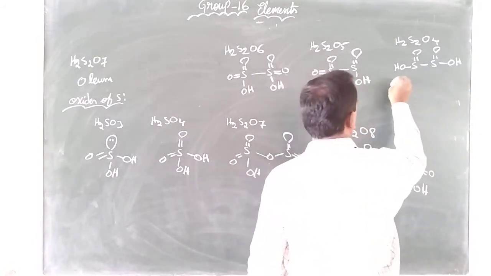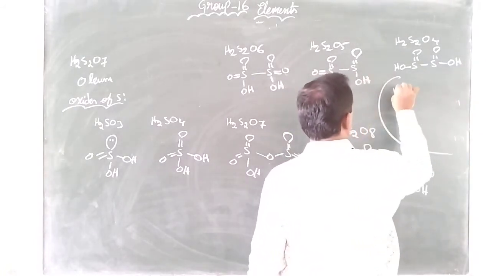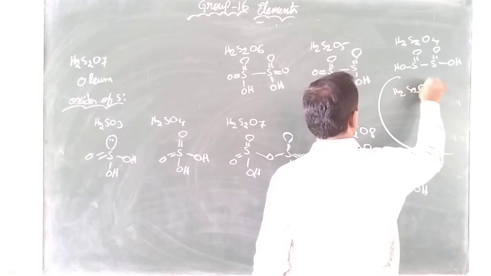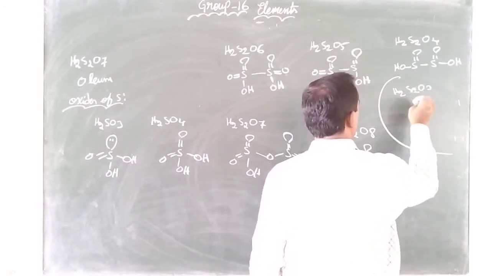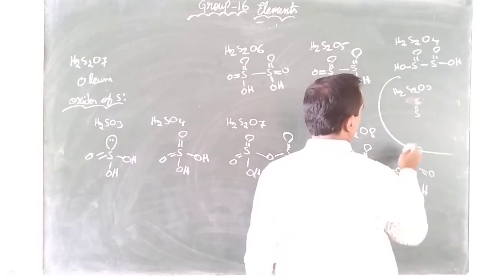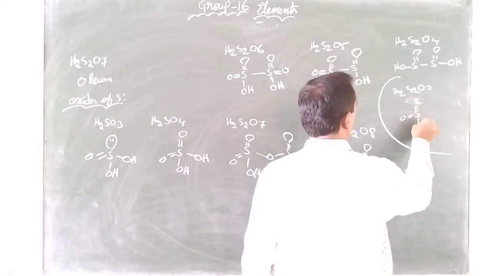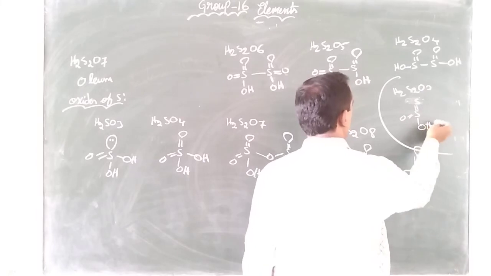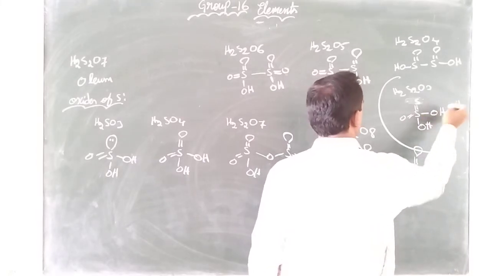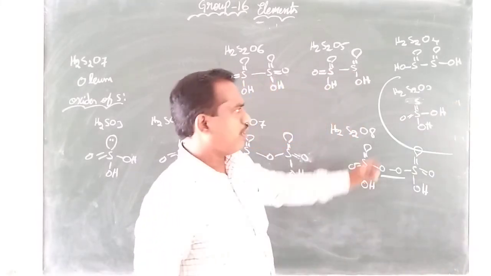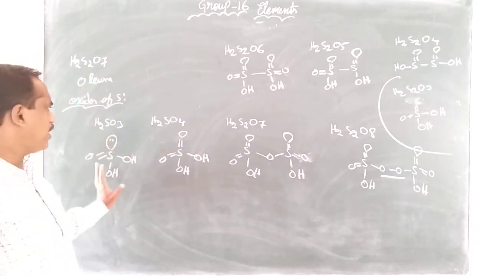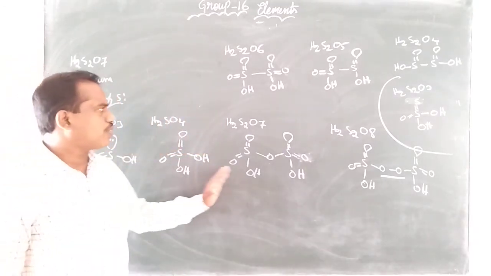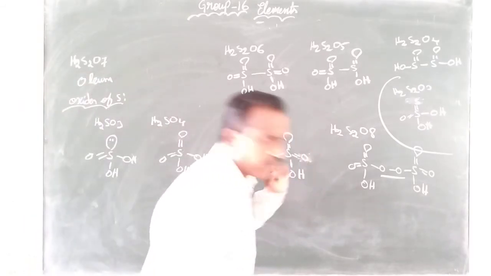Coming to H2S2O3, there, please see, one sulfur will be bonded with another sulfur. In this case, H2S2O3. Very important structures. In the textbook only H2SO3, H2SO4, H2S2O7, H2S2O8 are given.